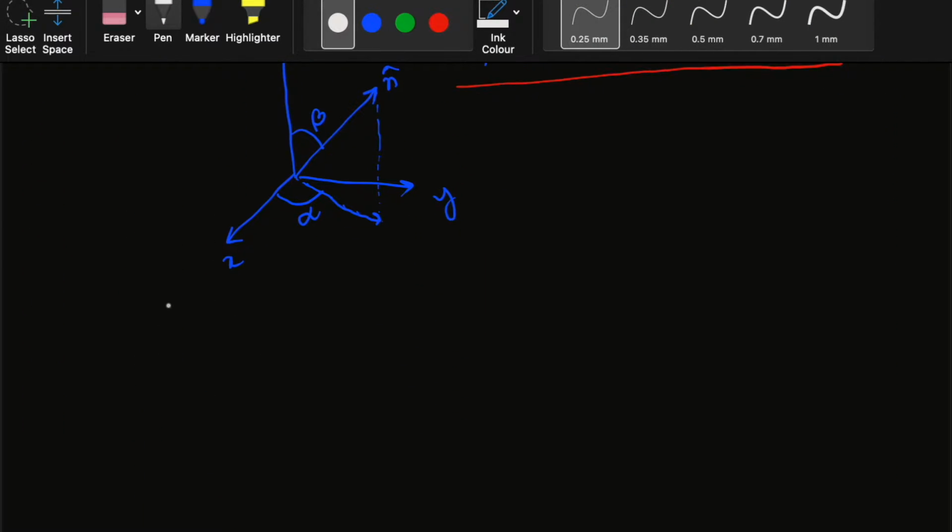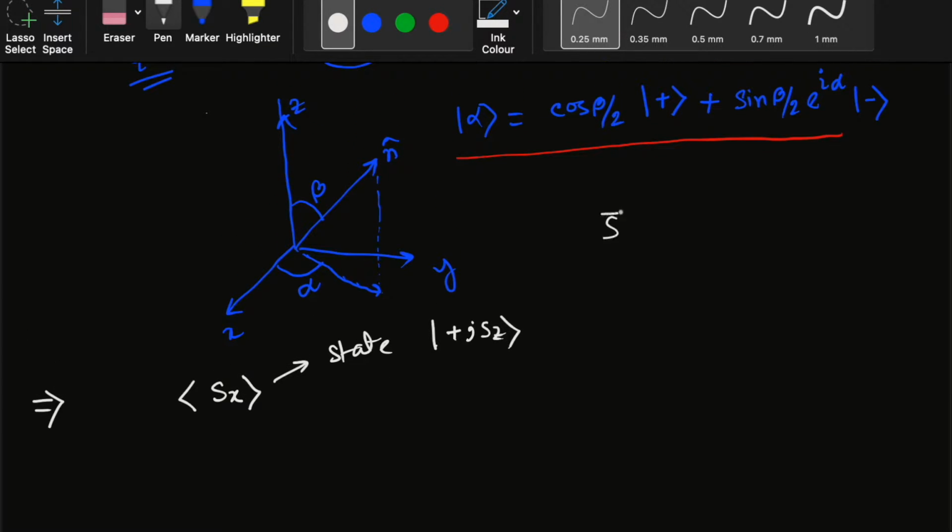To calculate the uncertainty, we first have to calculate the expectation of Sx in the state plus Sz. Now Sx means S dot x cap.